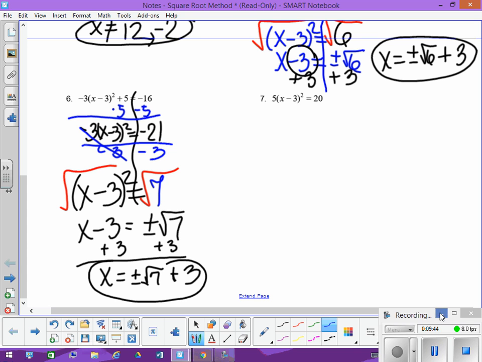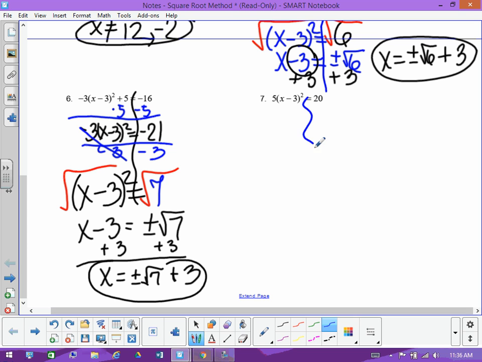Think about this last one. If you want x minus 3 by itself, what's the only thing you need to do? Divide by 5 on both sides. What's 20 divided by 5? 4.